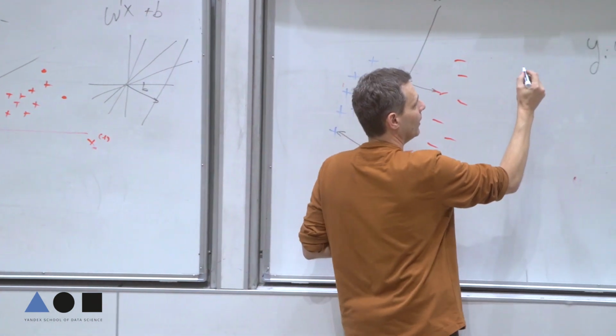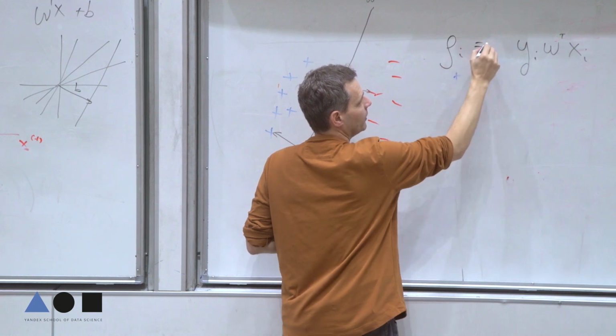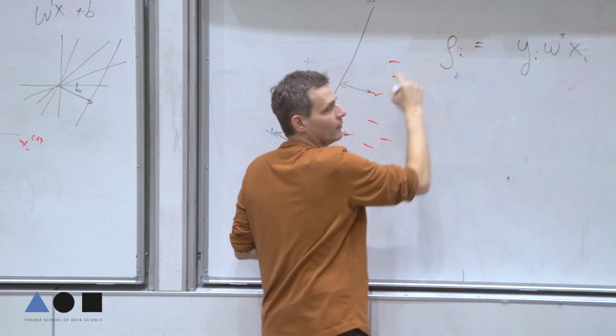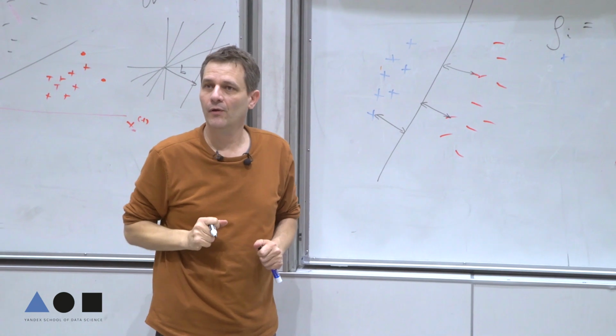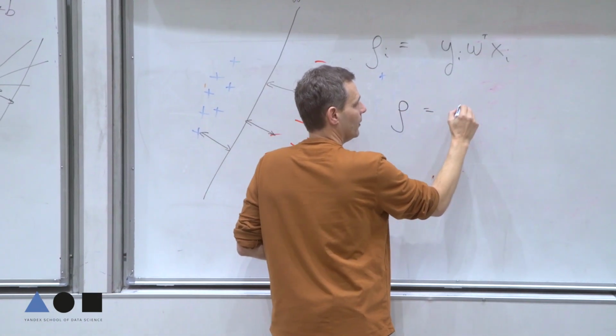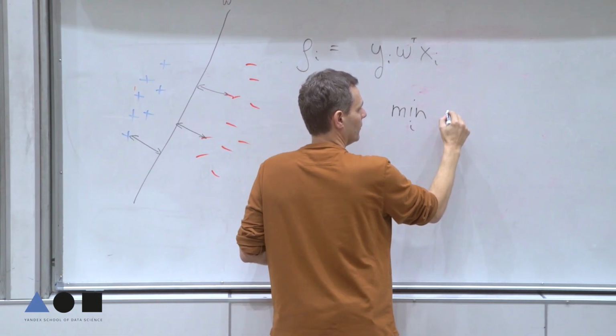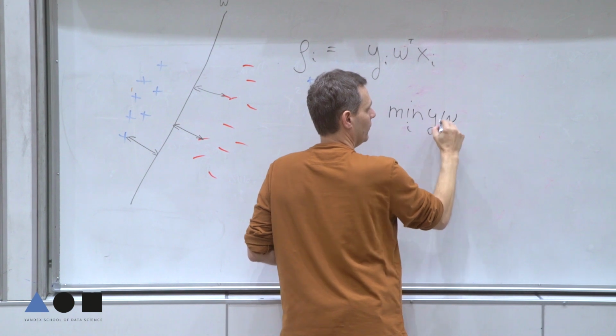So if this is the margin of the i-th sample, we want to look at the margin of the closest sample.